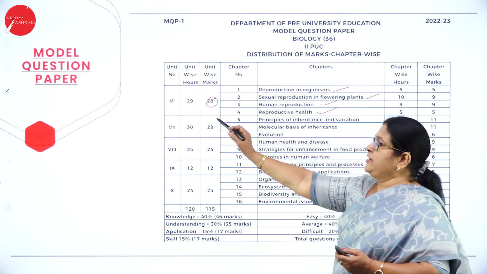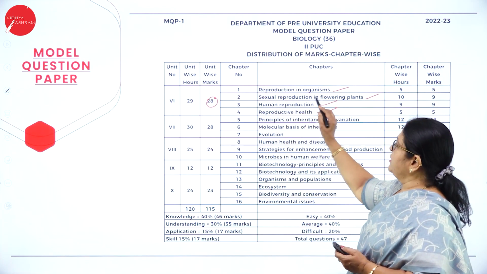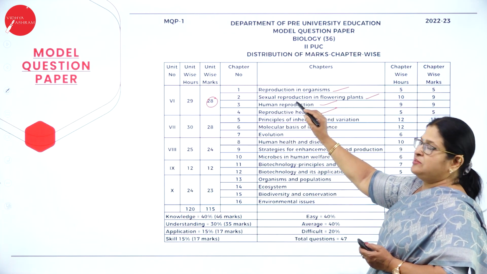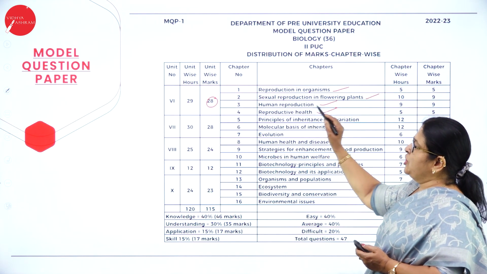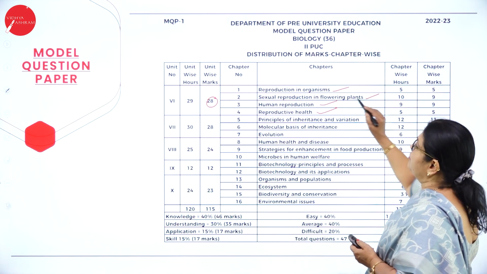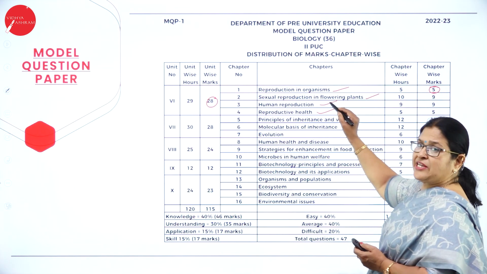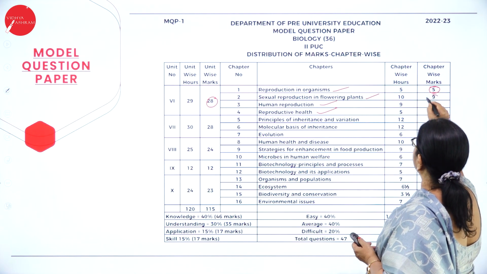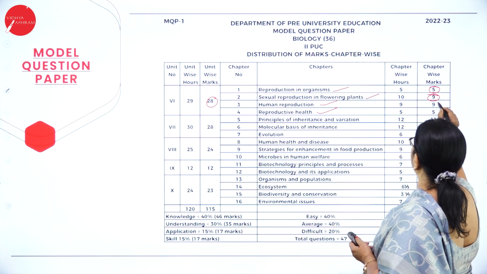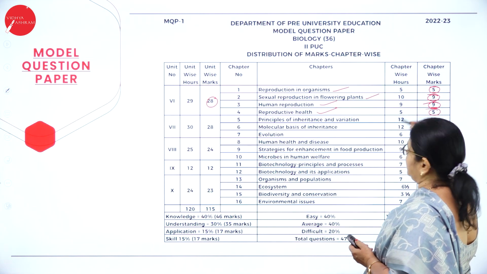So unit 6, that is about reproduction, has 4 chapters: reproduction in organisms, sexual reproduction in flowering plants, human reproduction and reproductive health. What is the weightage of marks for reproduction in organisms? It is 5 marks. Sexual reproduction in flowering plants, 9 marks. Human reproduction, 9 marks. Reproductive health, 5 marks.